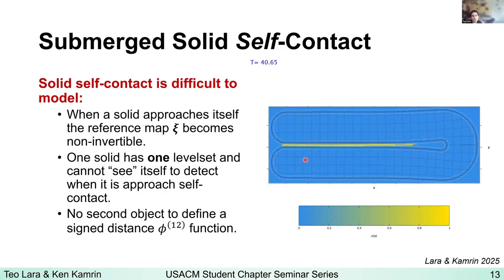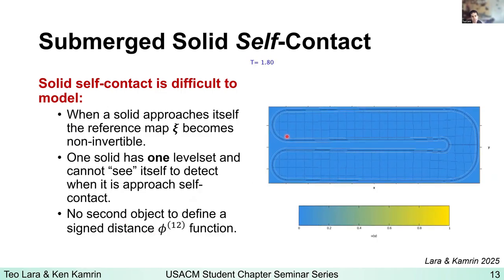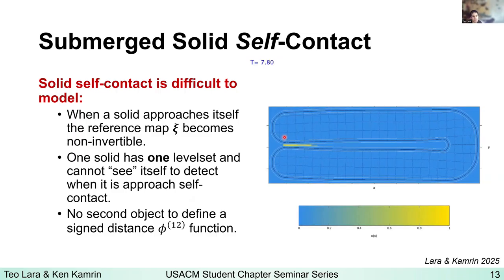So it has no way to naturally detect when a self contact is occurring as opposed to a two-body contact with two different level set fields. There is no second object here to define your signed distance function. And the whole problem with these self contacts, apart from solid self penetration, which is unphysical, is that when that happens, your reference map becomes non-invertible, and that means your simulation crashes and you are sad. So also a bad thing to have happen.